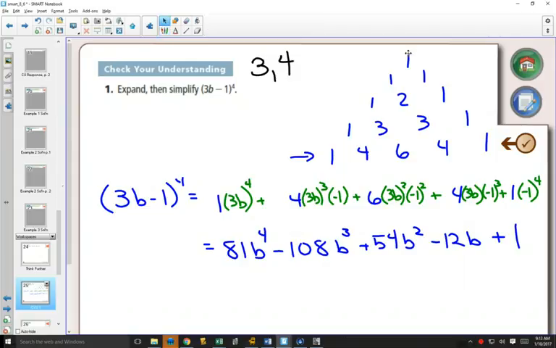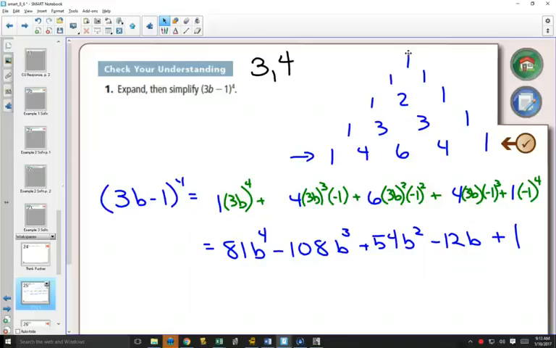So when we're expanding things completely, Pascal's triangle is nice, and using the pattern that we saw is nice. Our first term starts with the full exponent number and goes down by 1 each time, and our second term doesn't have any in the first one and goes up by 1 each time.